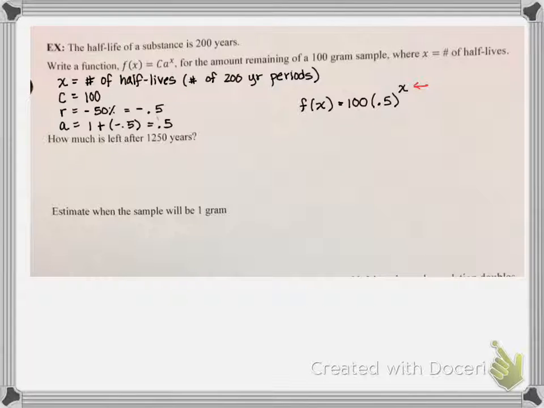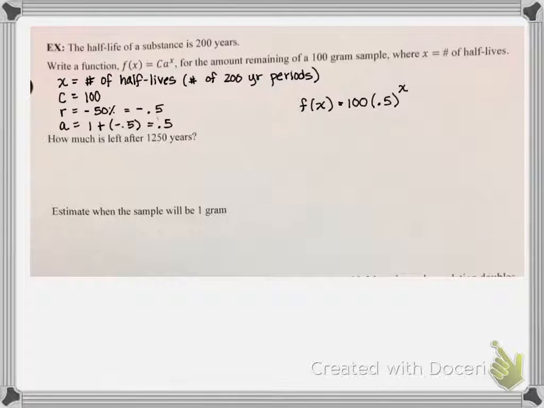So when we get to the second part of this problem, if I want to know how much is left after 1,250 years, I can't just say x is 1,250, because that would mean that 1,250 half-lives have passed, so 200-year periods have passed, which isn't the case.